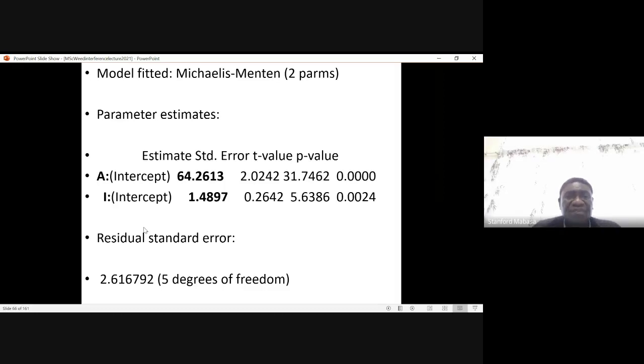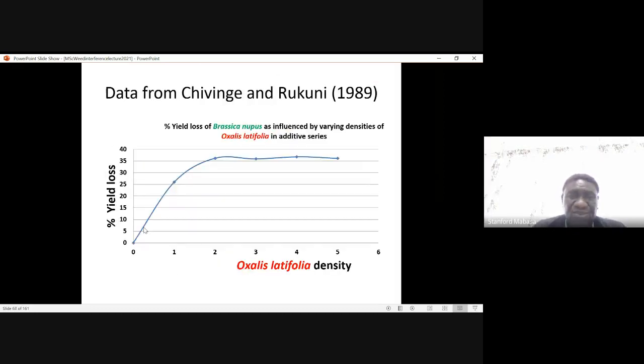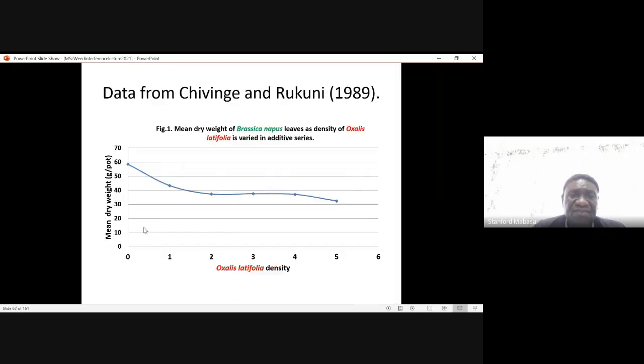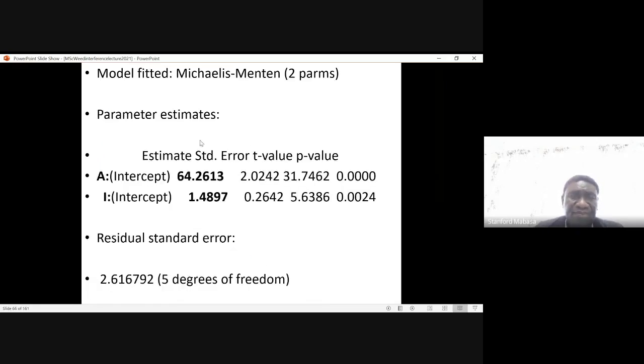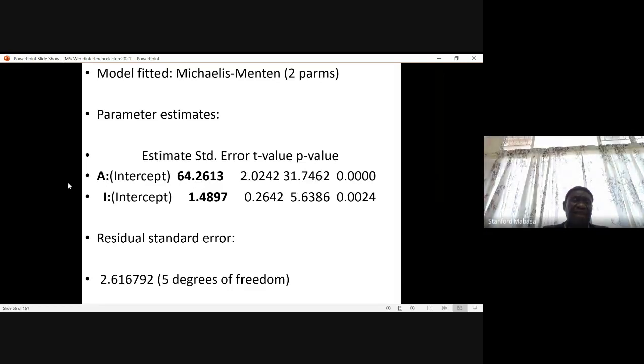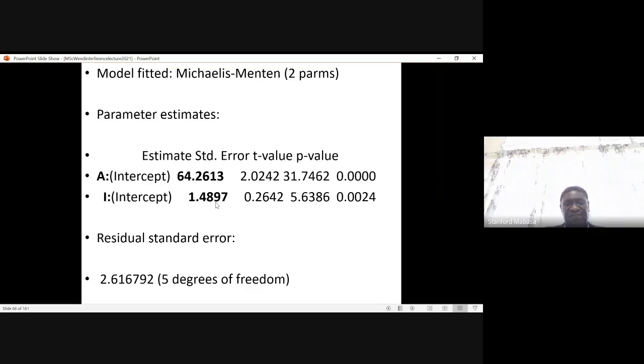According to this graph, the A is here, which is 64%. The slope is 1.48. So using these, you can actually estimate yield loss.